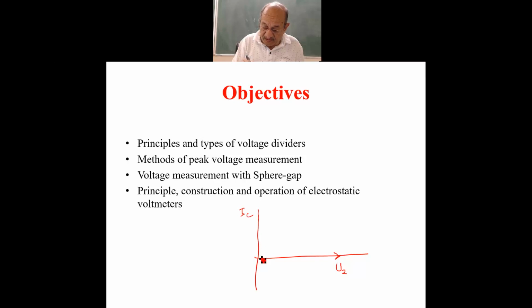There will be also some resistance, and there is a current of this order. This is, you can say, IC drawn by the test transformer, drawn by the capacitance formed by the insulation you are testing.